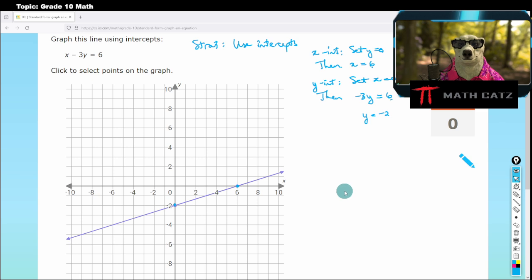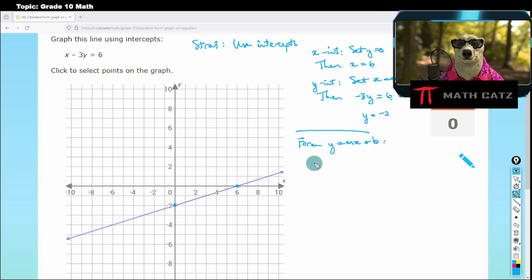There are other options, like if we had this in the form y equals mx plus b, the slope-intercept form, which you can very easily do by taking this.